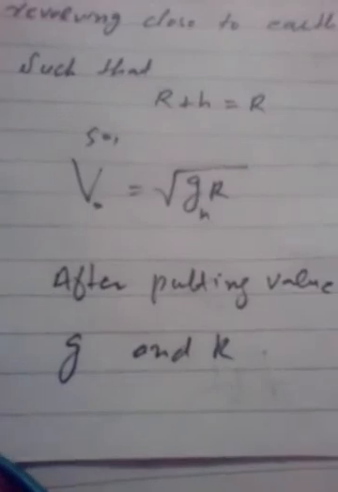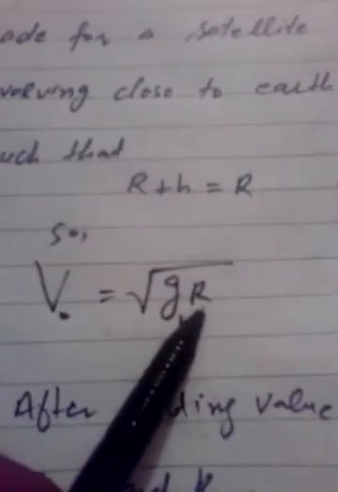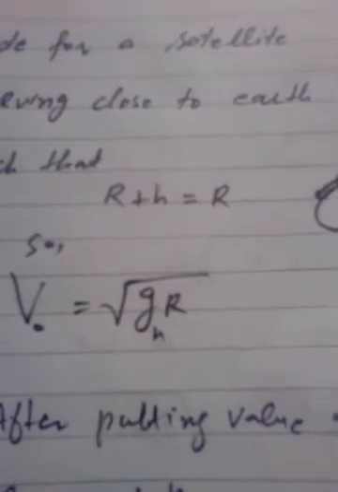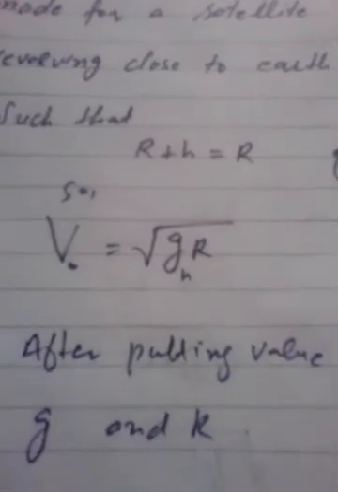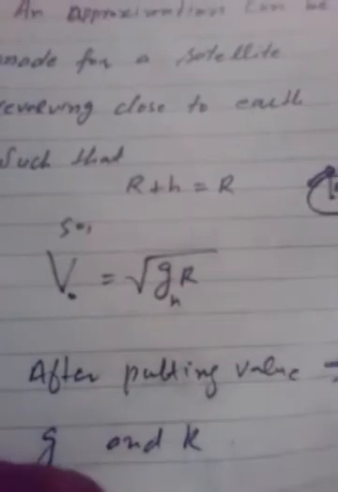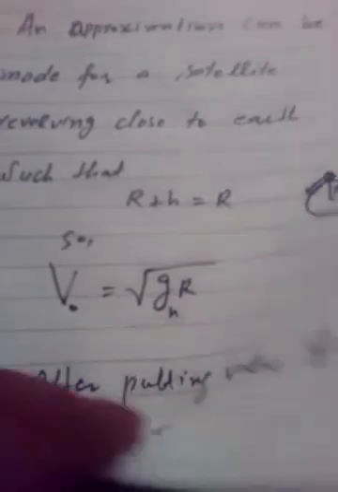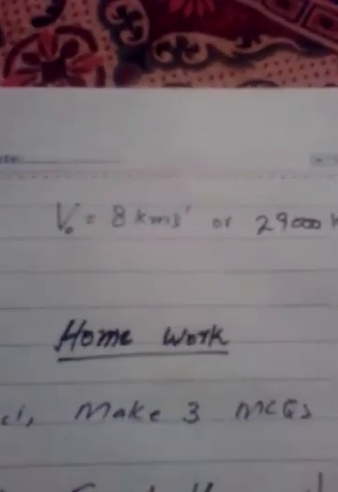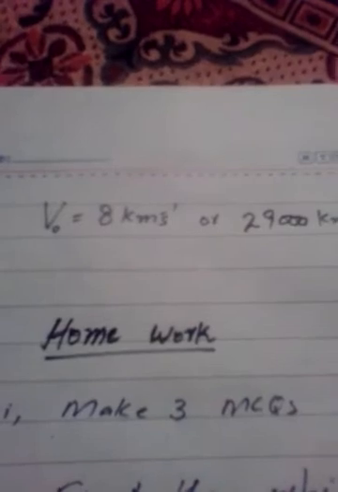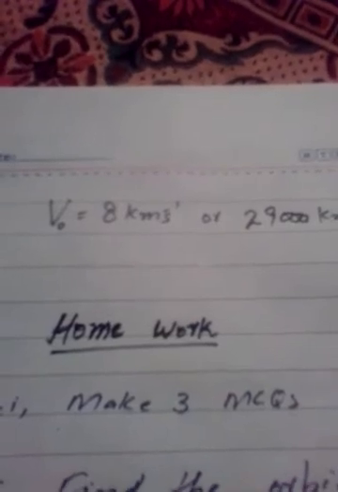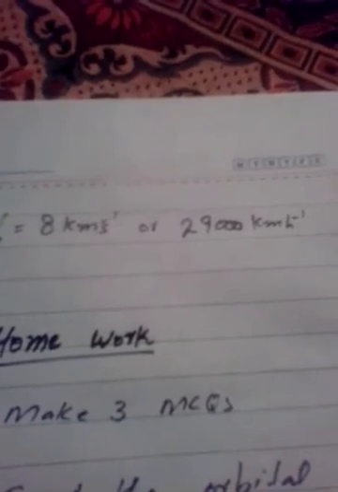After putting the values of g and R, where g is the gravitational acceleration and R is the radius of the earth, both are constant quantities. Then after putting the values, we get the answer: orbital velocity is equal to 8 kilometer per second or 29,000 kilometer per hour.